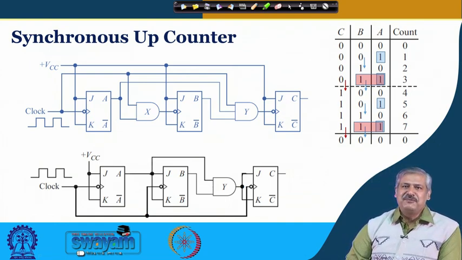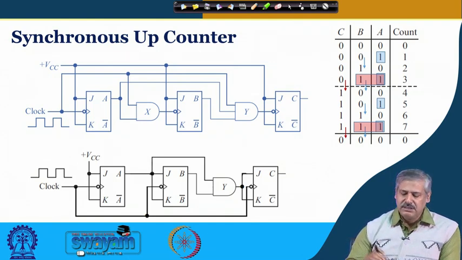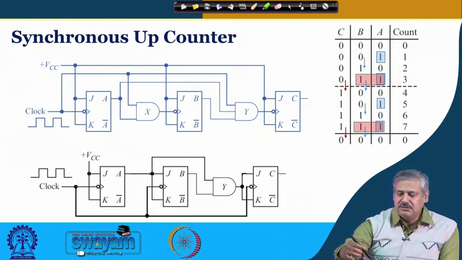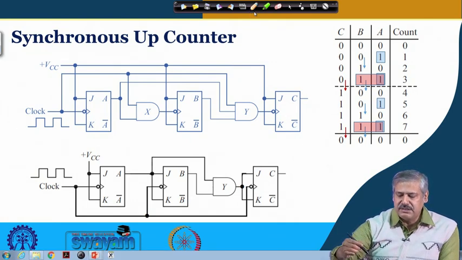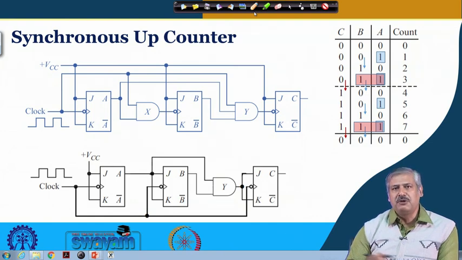Now, this brings us to the discussion on the synchronous counter. In the synchronous counter, this accumulated delay and resulting glitch are not there. All the flip flops are triggered by the same clock. Now, we see here two arrangements.